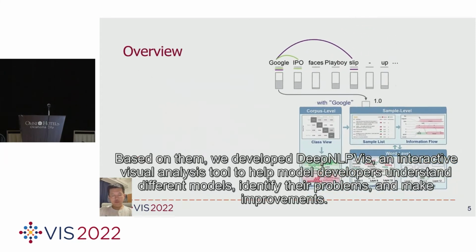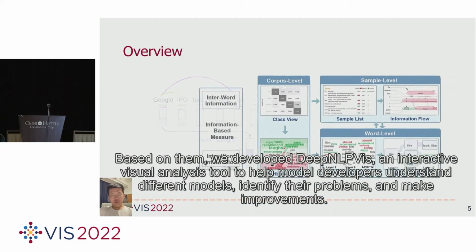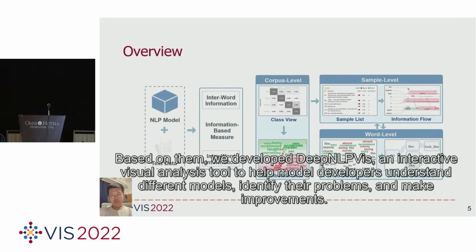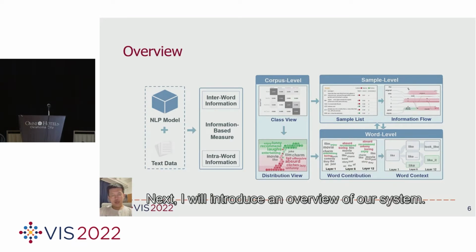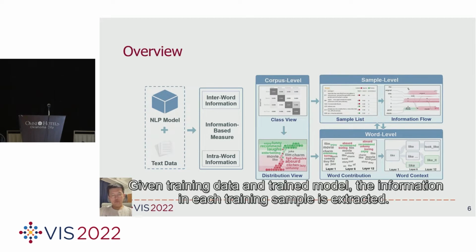Based on them, we developed Deep NLP Viz, an interactive visual analysis tool to help model developers understand different models, identify their problems, and make improvements. Next, I will introduce an overview of our system. Given training data and trained model, the information in each training sample is extracted.